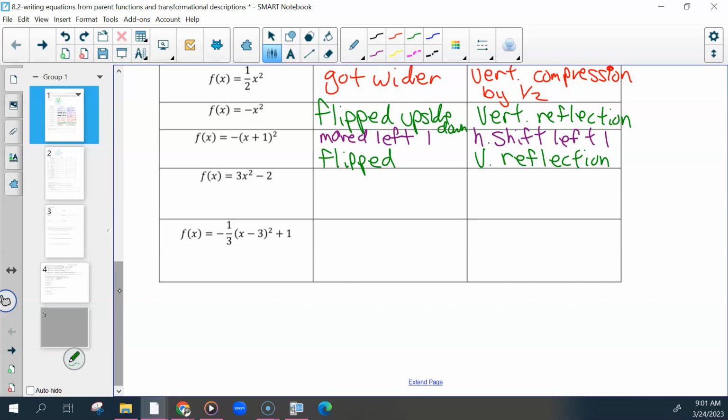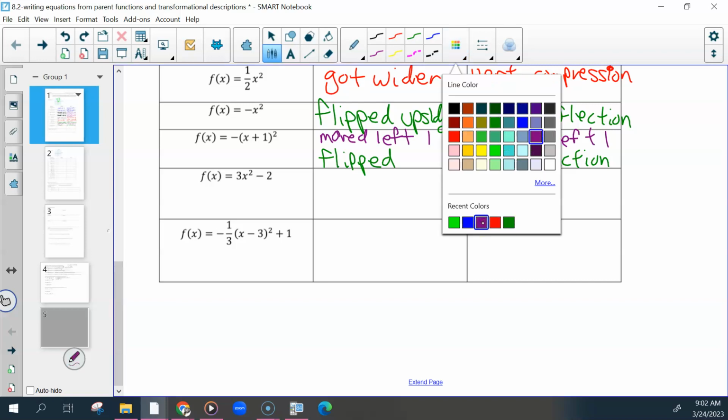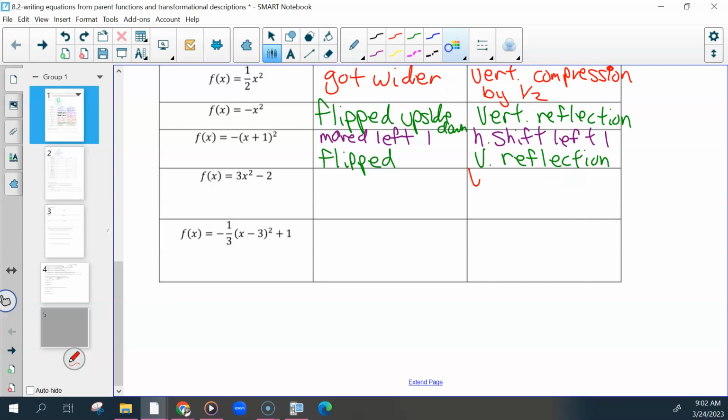Right. So looking at this next one, you can graph it if you need to, but try to rely on your other examples. What changed? Okay, so that was stretch by 3, yes.